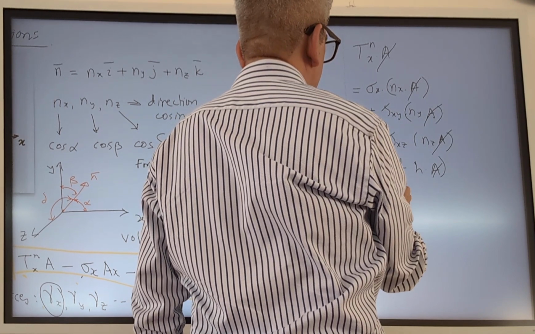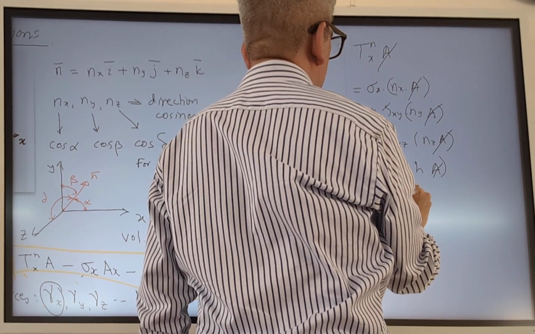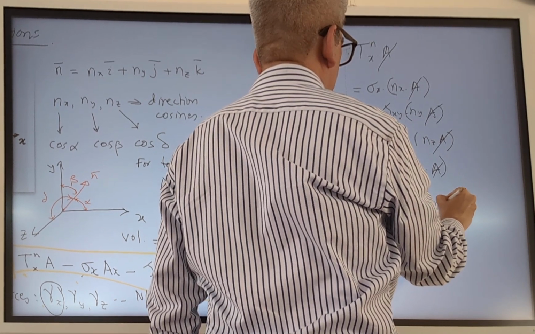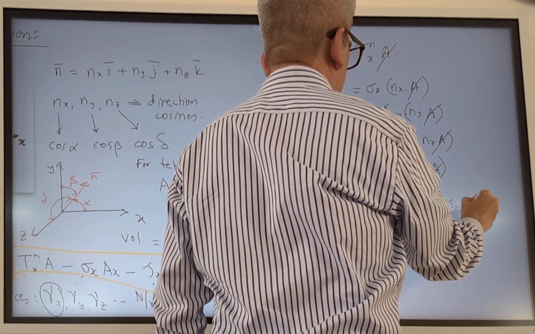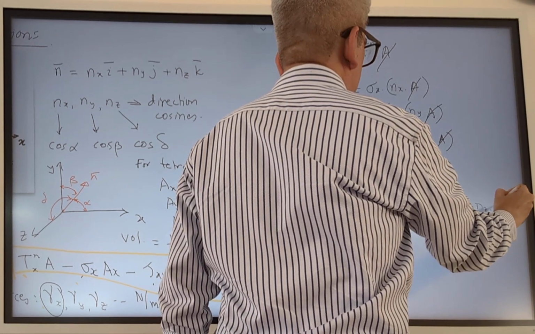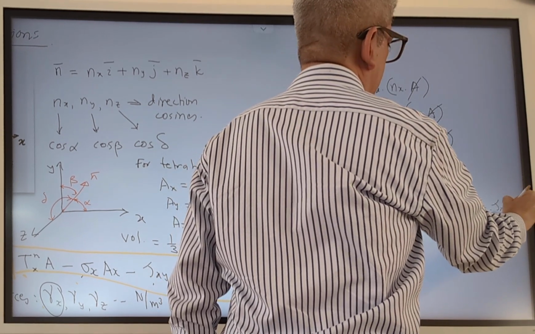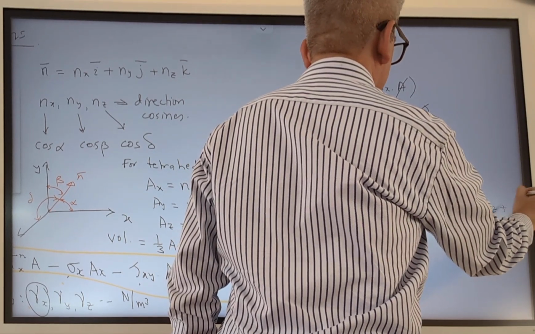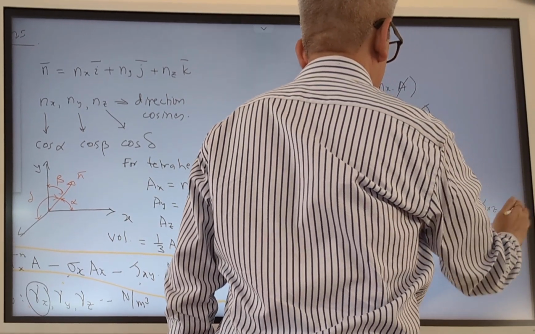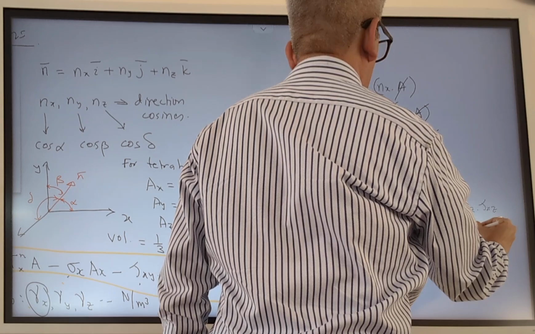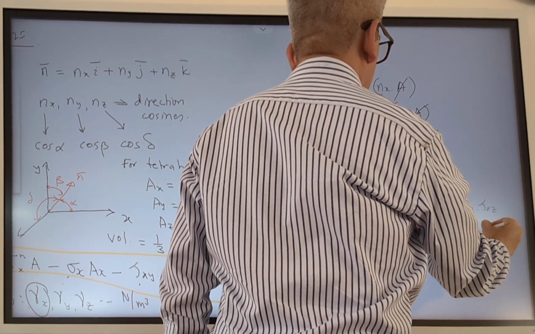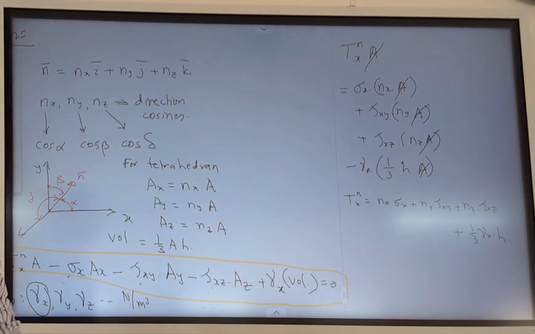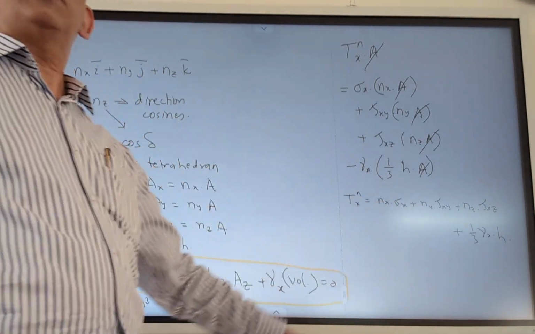So what you get is Tnx equal to nx into sigma x plus ny into tau xy plus nz into tau xz plus one-third gamma multiplied by h. So that is the equation we are getting.